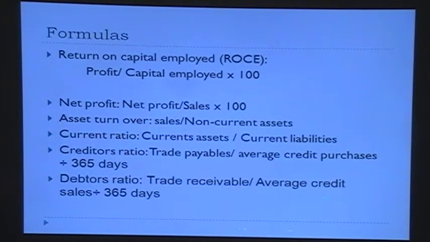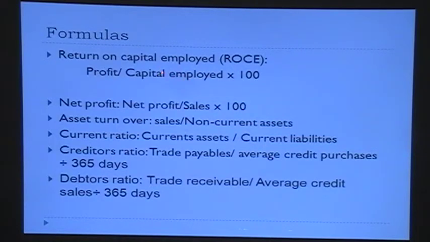These are formulas for calculating a ratio. Return on capital employed, known as the ROCE, is calculated as profit divided by capital employed, times 100. Profit is taken from the profit and loss account. Capital employed is taken from the balance sheet.